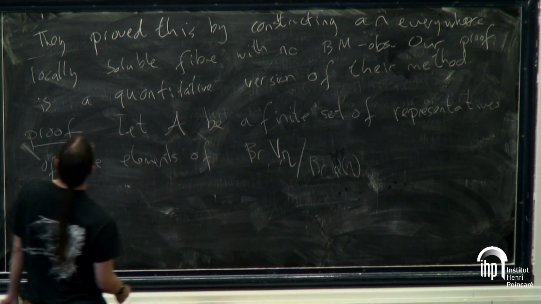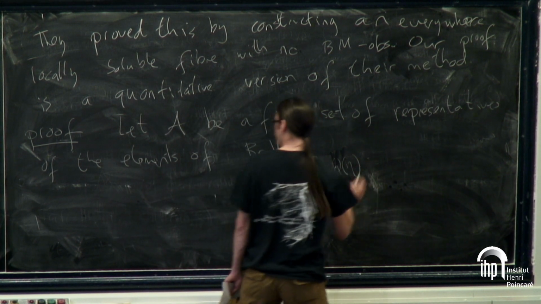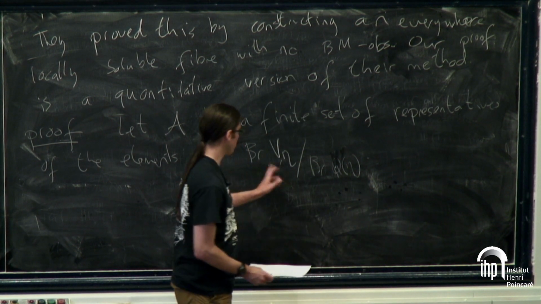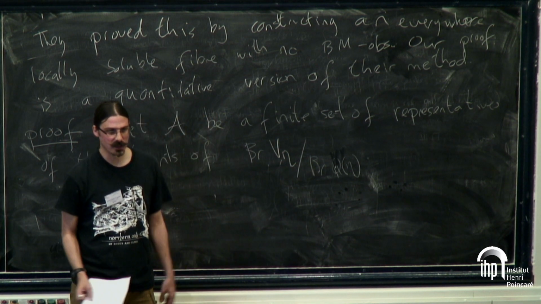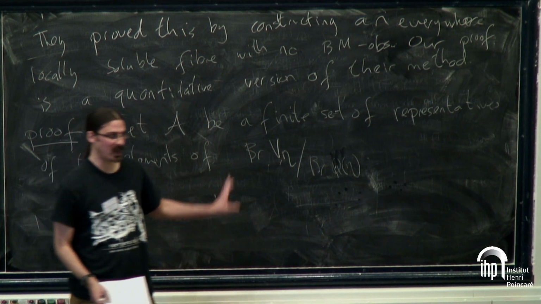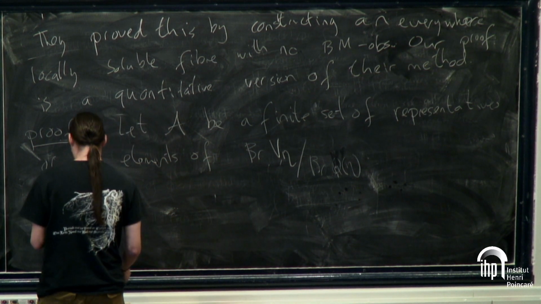Maybe I didn't say, I'm working over Q. The results are all over Q. So look at the Brauer group of the generic fiber, quotiented out by the constant algebras for the generic fiber. Our condition that the generic fiber is rationally connected implies this group is finite, and we choose some representatives for it.